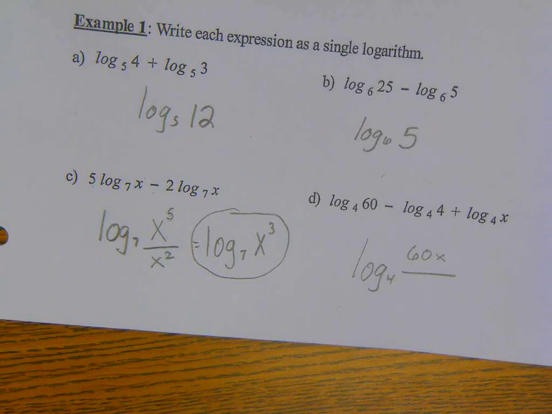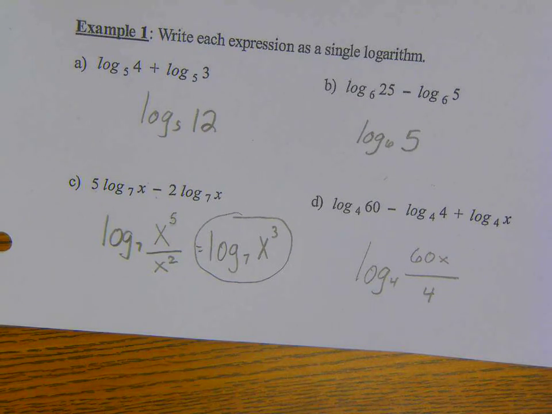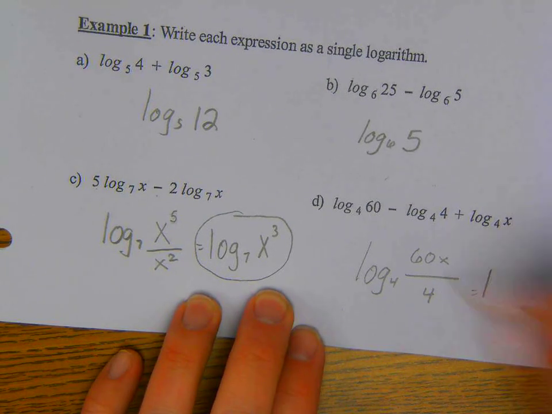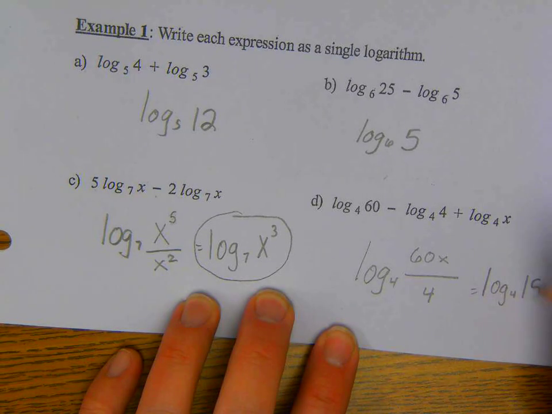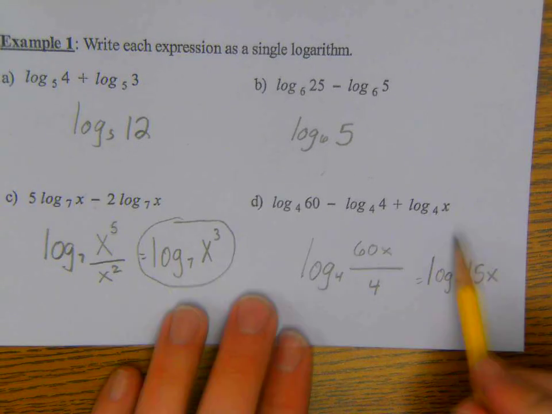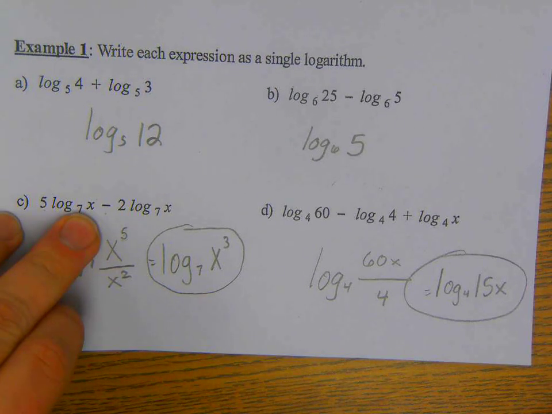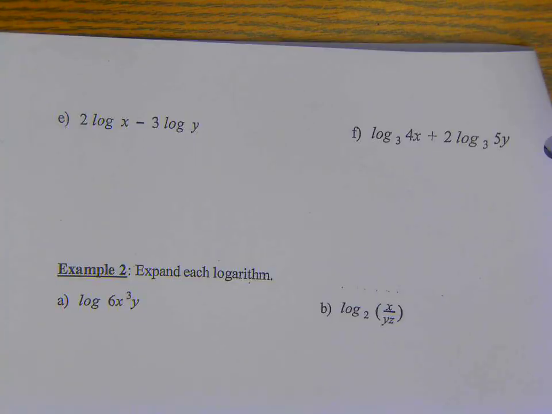The log 4 is being subtracted, so that gets divided. And so 60x divided by 4 is 15x. All right, very good. So next. Oh, there's an E and F. Go ahead and try those too. And in 30 seconds, I'm going to call the next person.